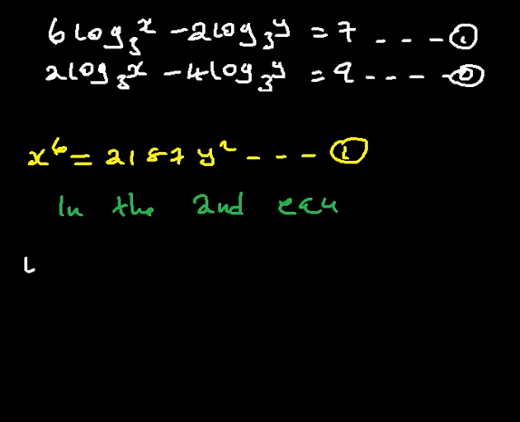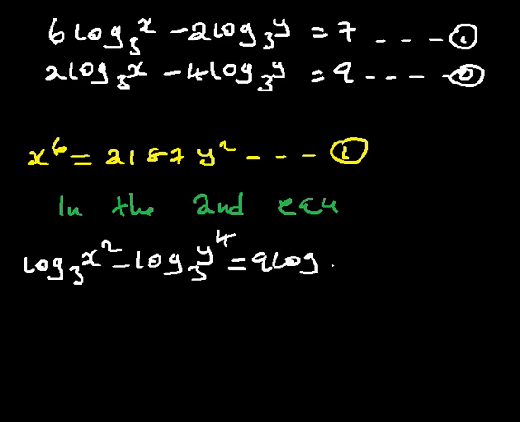We have log base 3 of x to the power 2 minus log base 3 of y to the power 4, which is equal to 9 log base 3 of 3.